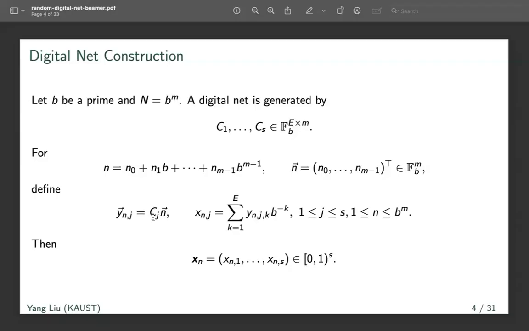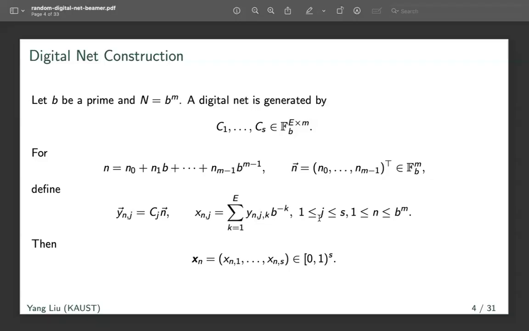Then we multiply the generating matrix with this vector n, and we get another vector, also consisting of integers from 0 to b minus 1. Then we have the digits of the b-adic expansion of this y, and now we use these integers to construct this quadrature point. So this is x_{n,j}, the nth point in the jth dimension.